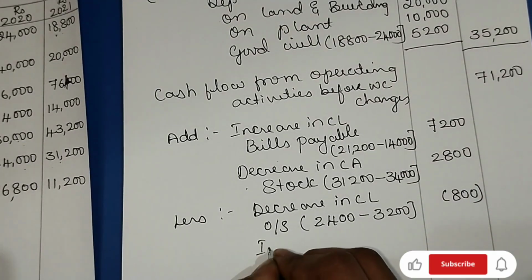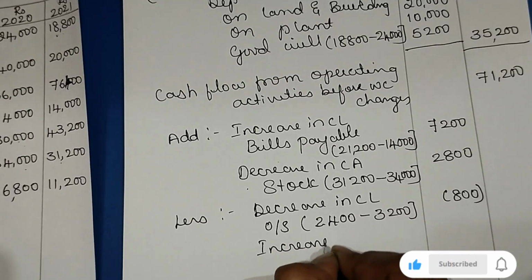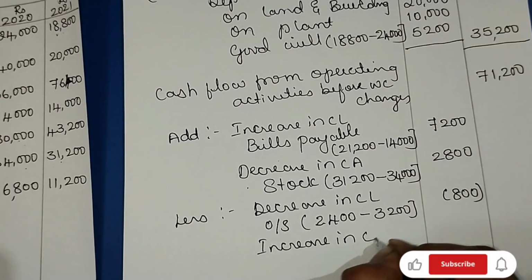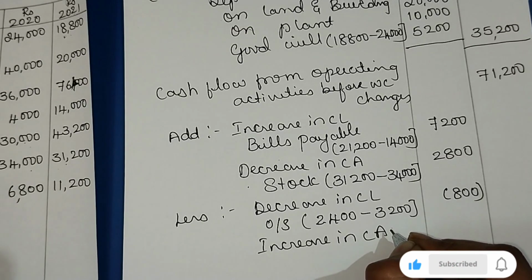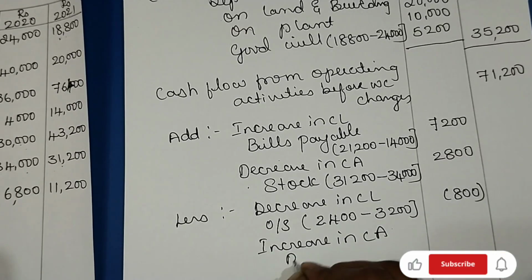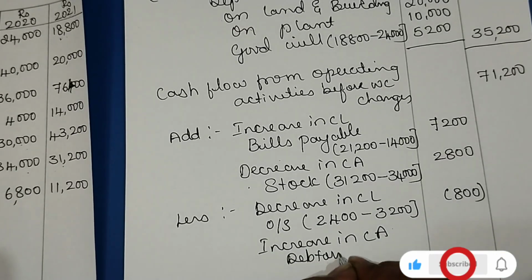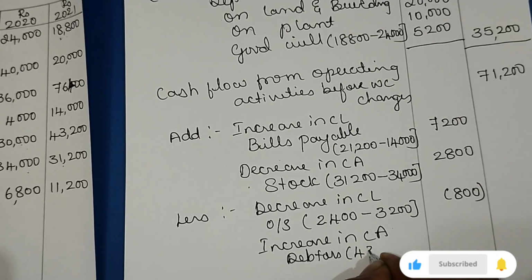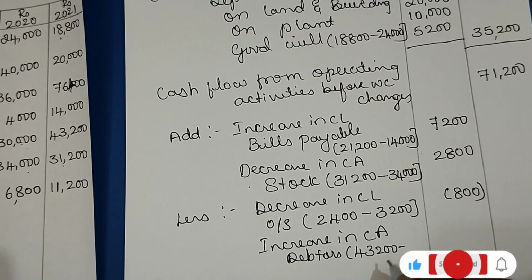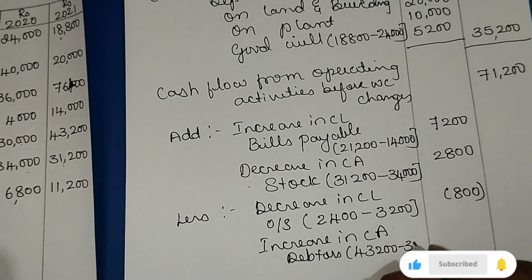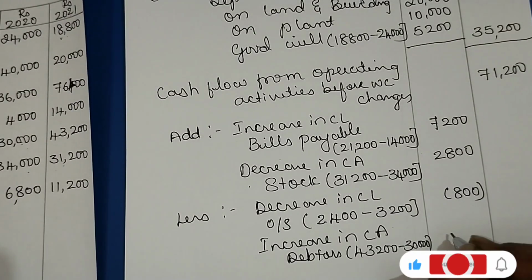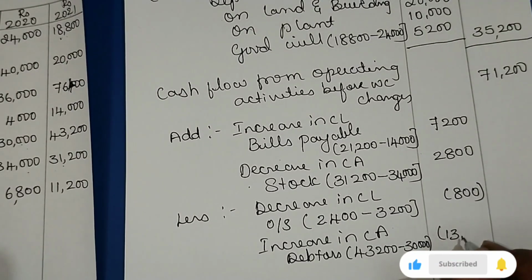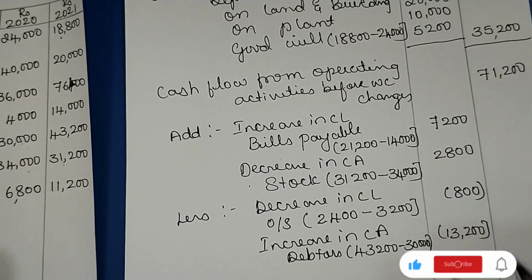And increase in current asset. What is the increased amount? On debtors, it is 43,200 minus 30,000. So 13,200 is the increased amount.